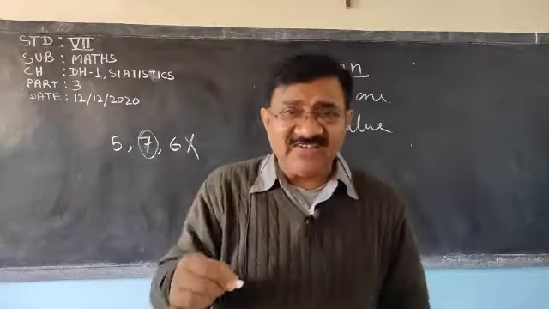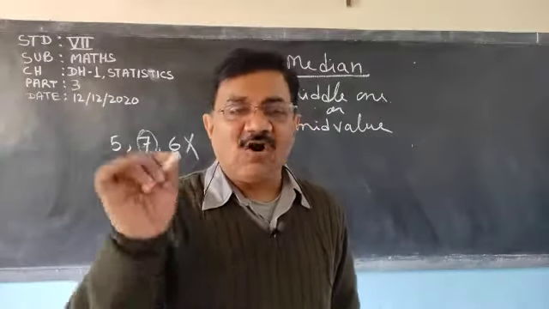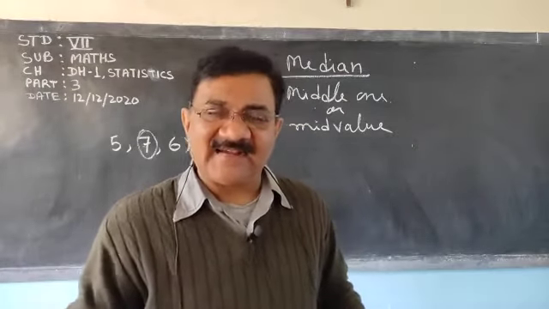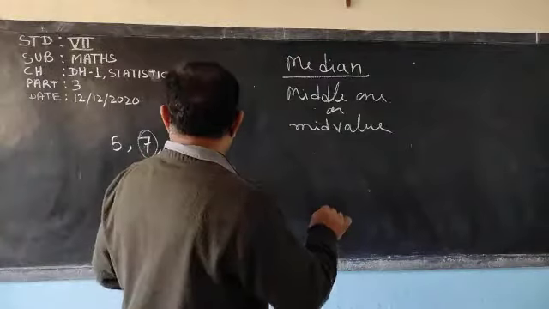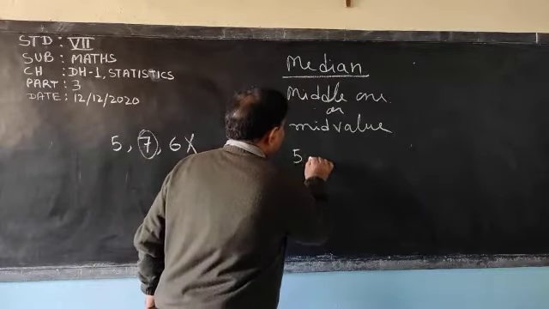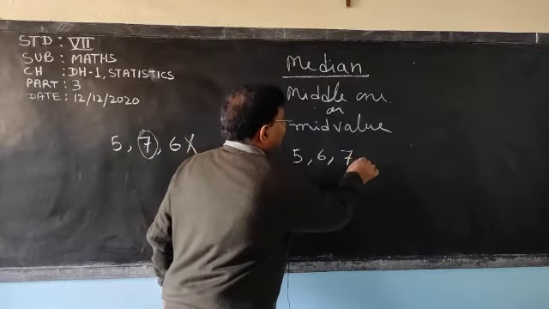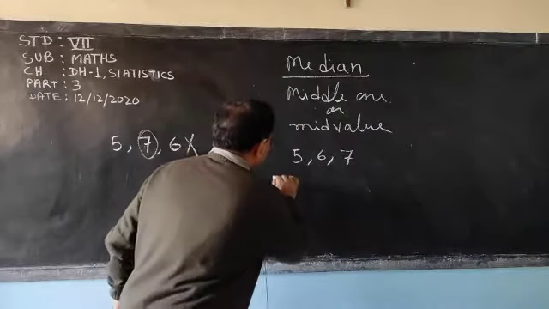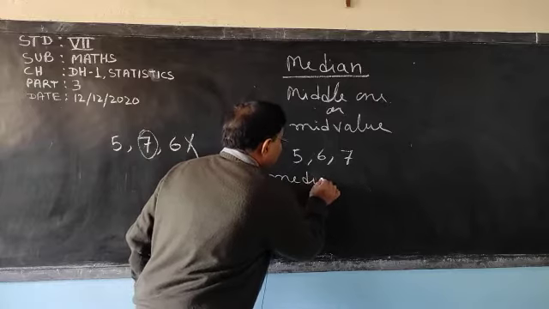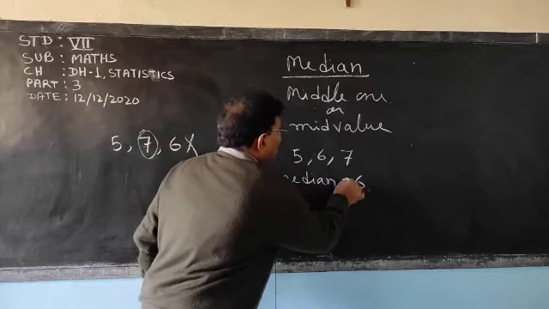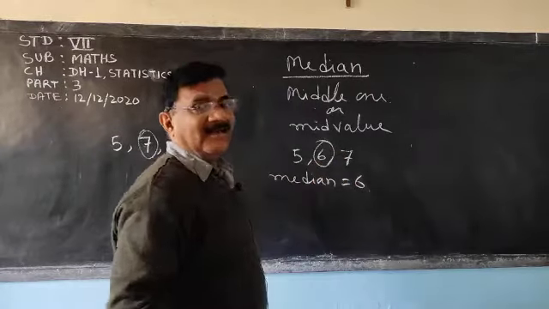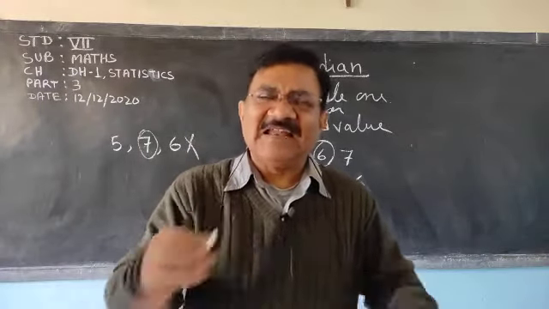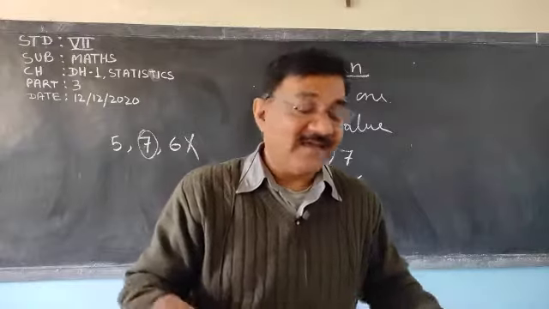First arrange it in ascending or descending order. Means you have to write it as arrayed data. We have to write 5, 6, 7, and which one is in the middle? Median is equal to 6, because 6 is in the middle, that is median. So easy, very easy, okay.